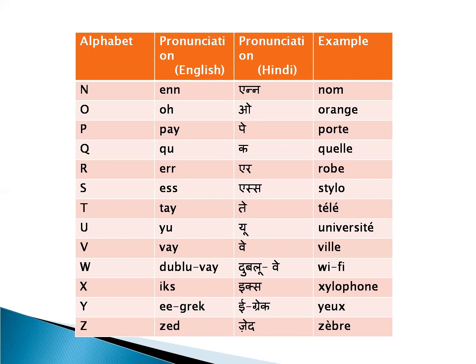V, way, weir. V means a town. Very good. W, Wi-Fi. X, xylophone. Y, ear. And last we have is Z, zebra.